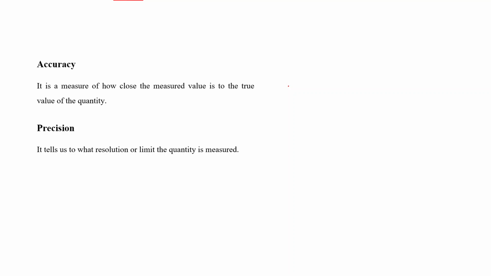So, accuracy and precision. Say I have a rod which is actually of 3.678 centimeter length. Somehow I know that this is the length of this rod. Now, say I do two experiments. In the first experiment, I am using an instrument which has a least count of 0.1 centimeter.